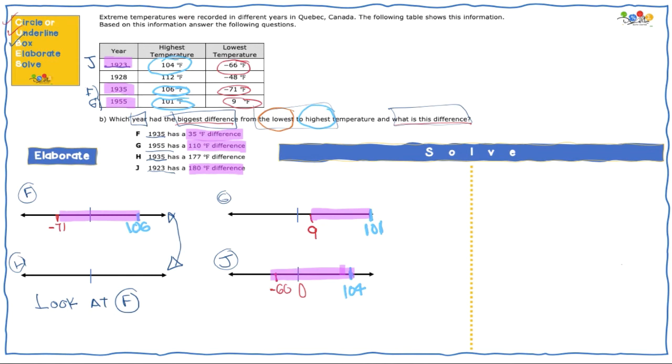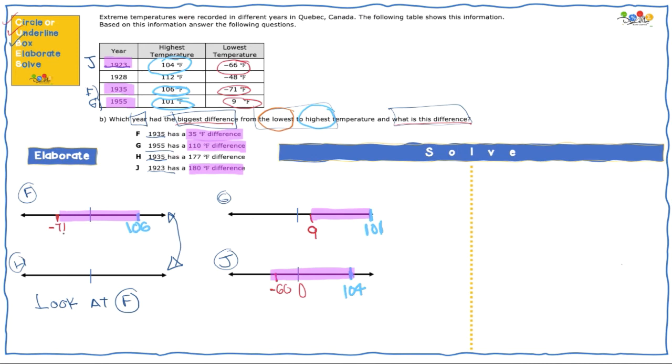Okay, just by looking at these pictures, we're going to do elimination because it's reasonable to do elimination. We have all the choices. We needed to look at all the choices. They wanted us to compare different choices. So if we look at this, guys, which of these doesn't have the largest difference? So far, one that we can eliminate is G. If you notice, it didn't start on the negative.